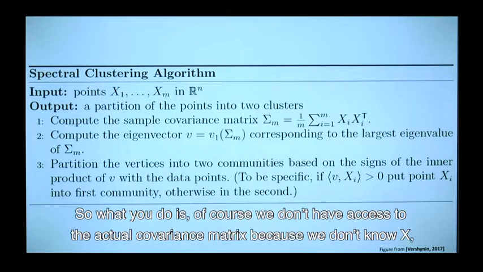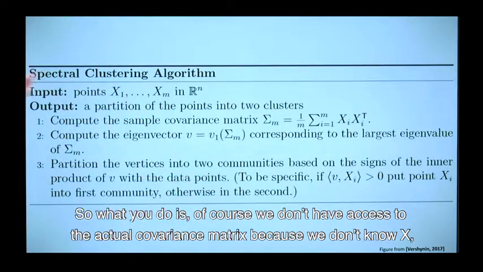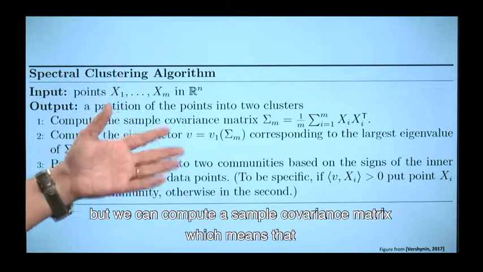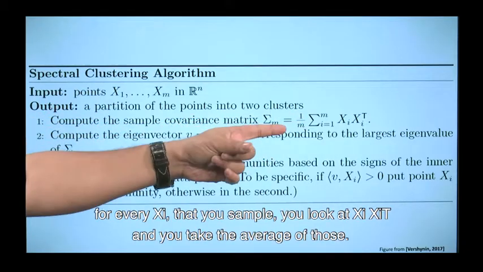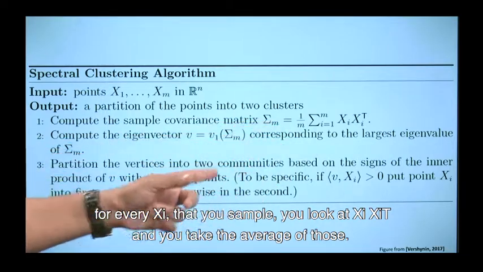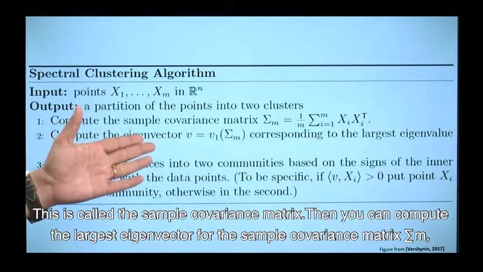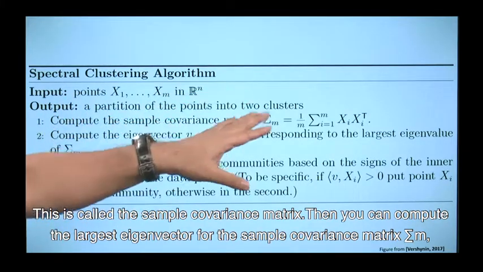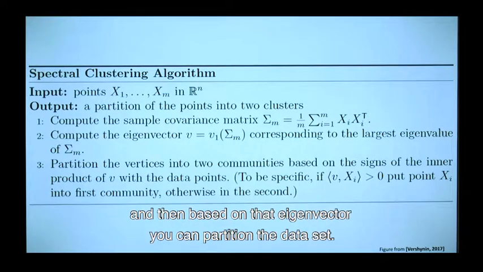Of course, we do not have access to the actual covariance matrix because we do not know the distribution, but we can compute a sample covariance matrix, which means that for every xi that you sample, you look at xi xi transpose and you take the average of those. This is called the sample covariance matrix. Then you can compute the largest eigenvector for this sample covariance matrix sigma_m.